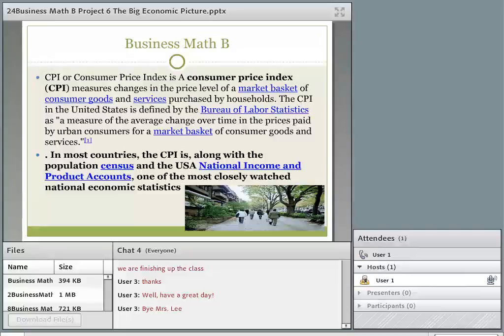So they basically will take things that we all typically buy. I don't know what they are. I don't know if it's like bread, milk, or if it's more like cars, houses. But they take a specific group of products and they look at how much of this is purchased on a monthly basis per family. Okay? In most countries, the CPI and the population census, those are the two that they watch closely.